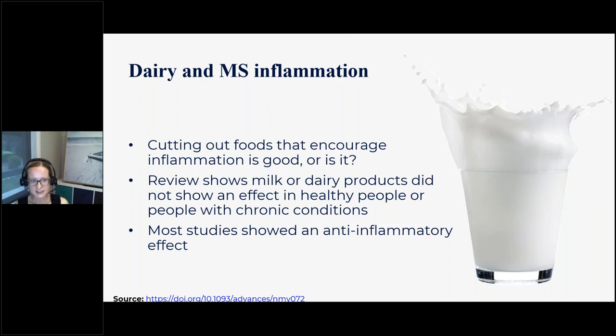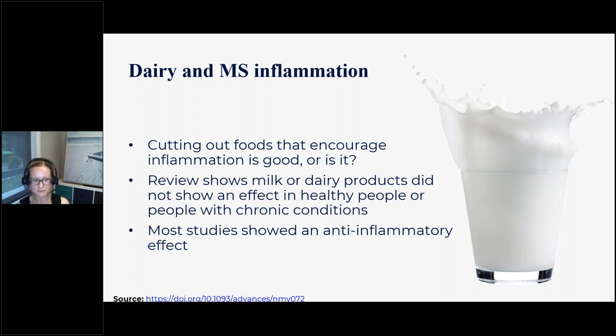There are various components of dairy that may be targeted, whether it's the lactose, the milk proteins, any other component, or even the fat composition. But generally speaking, we're starting to see that it's not necessarily as vital to cut dairy out as was previously perceived by certain groups.